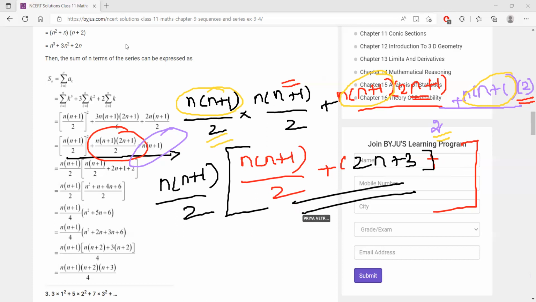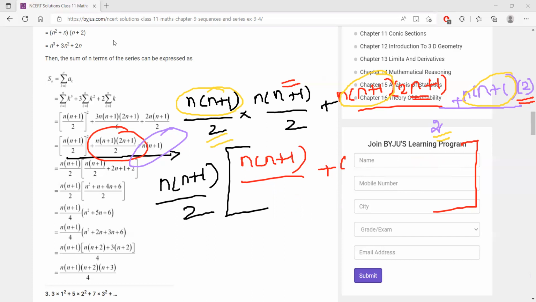2n plus 3. Okay. So now you can take LCM. You have 2 here. Just multiply that by 2. So you will have 4n plus 6 divided by 4 when you take LCM. Can you follow? So it's 4n plus 6 over 4, divided by 2.